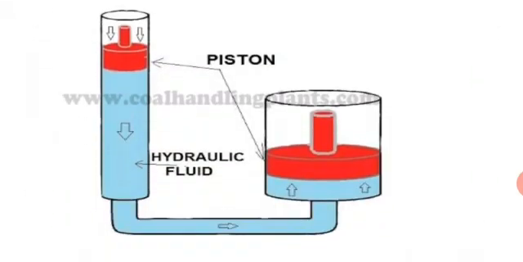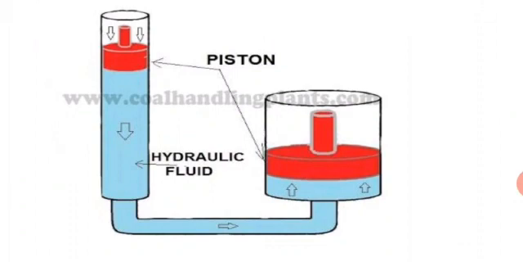Another diagram of a simple hydraulic system is this. It's similar to the one we have just discussed, but the only difference is that this one is not fully labeled. You can see the small piston, and the force is applied onto it to push down the piston.